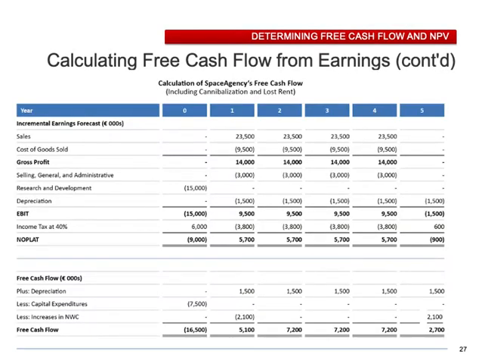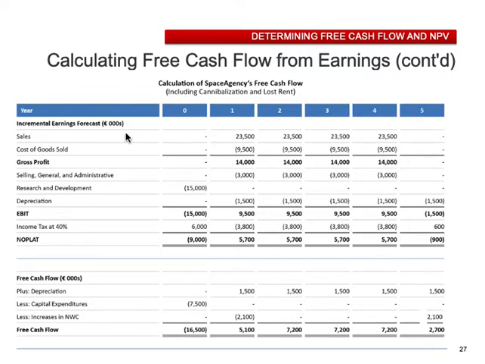Let's go from NOPLAT to cash flow. This is a new table, but maybe not that new, because I think you recognize the first part of it. This is the NOPLAT calculation, as you can see, from sales to NOPLAT for year 0, 1, 2, 3, 4, and 5.